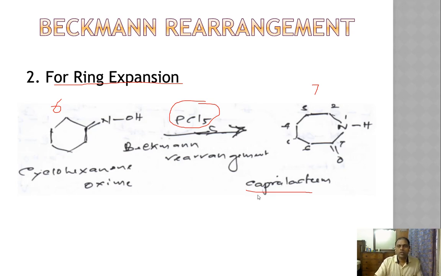The product is caprolactam, which we came across before. There it is written in a different way. So this is caprolactam. If this were O, then it would be a lactone, but it is N over here, so it is called caprolactam, and caprolactam is used in the polymer industry to make nylon.